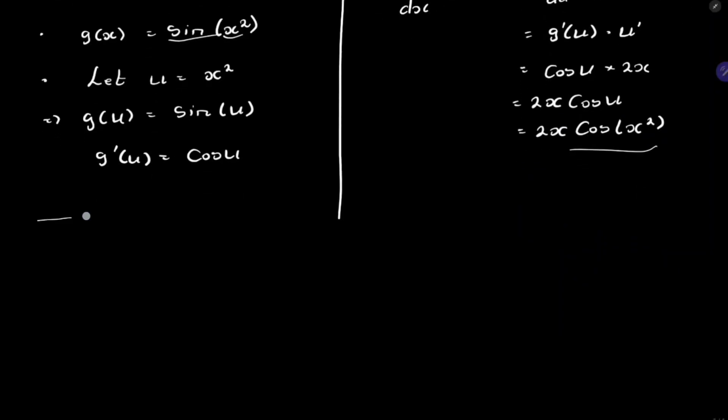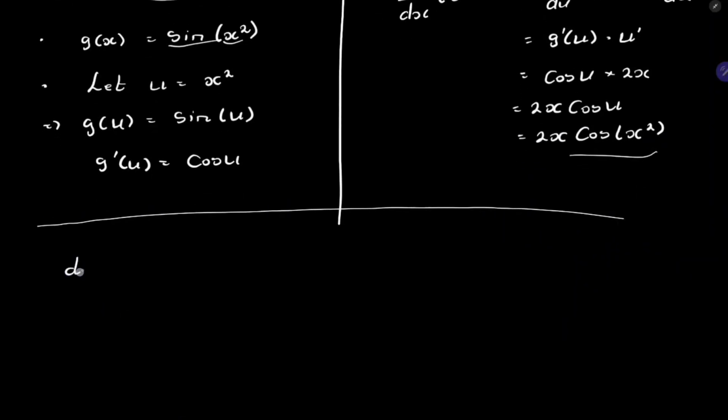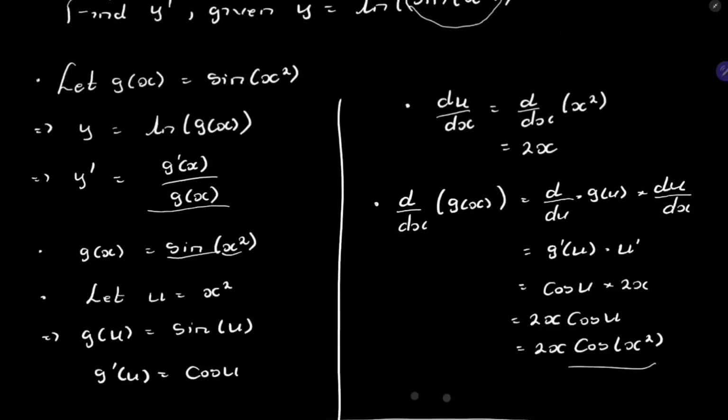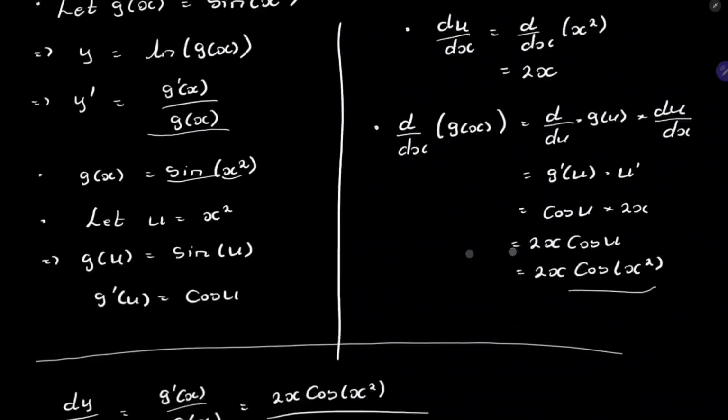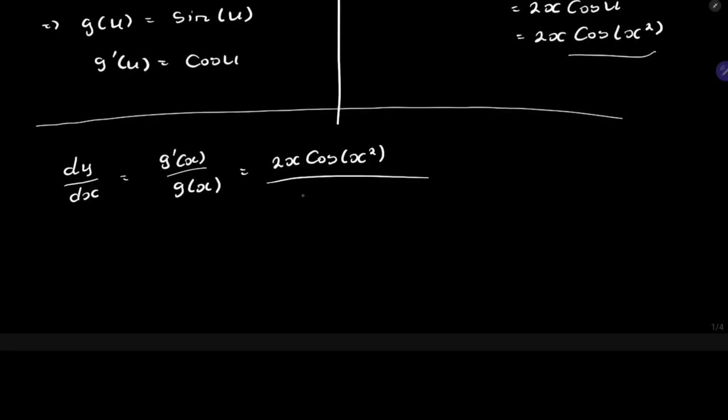This leaves us with the derivative of y with respect to x, which is g prime of x on g of x, giving us 2x cos of x squared divided by our initial function, which is sine of x squared.